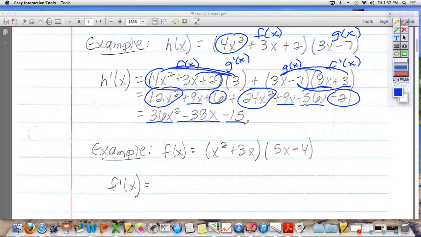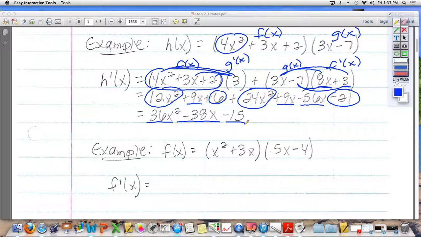This seems more complicated. Now remember, this process right here, it probably would have been easier in this case to just multiply these and find the derivative. So why am I doing this? I want you to understand the process because later, in fact today, we'll get to some examples where you need the process.